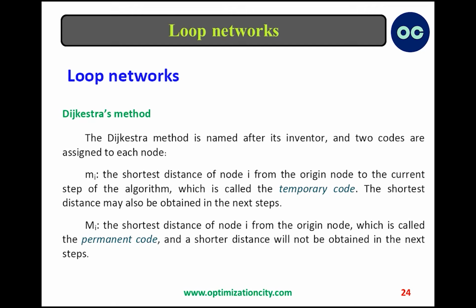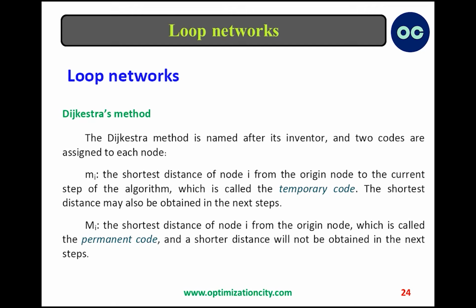The first method is the Dijkstra method. This method is named after its inventor. In the Dijkstra method, two codes are assigned to each node. The first is the m sub i. This represents the shortest distance of node i from the origin up to the current step of the algorithm.